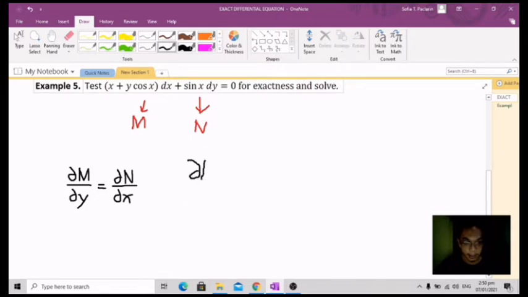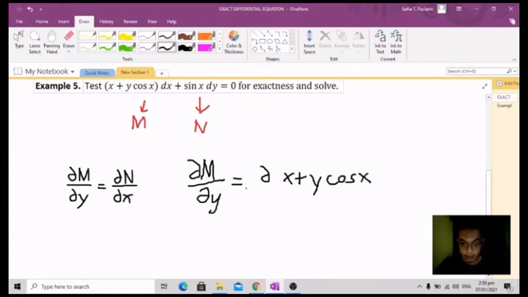Partial derivative of m with respect to dy is equals to partial derivative value ng m, x plus y cosine x, with respect to dy. So in this case, we're talking about partial derivatives. So any variable aside from y is treated as constant. So x here will be constant.